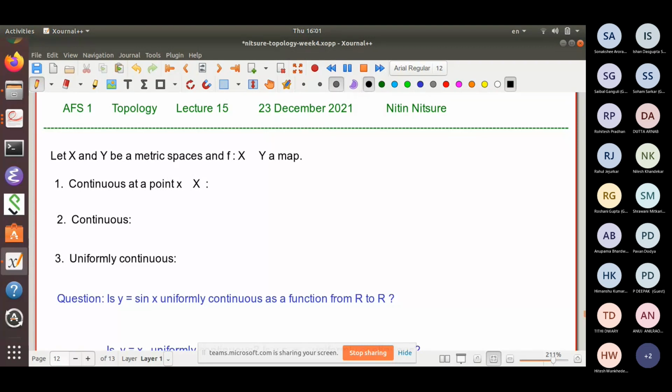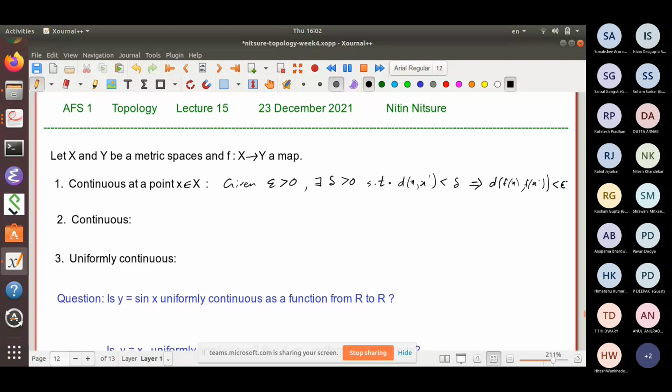So if X and Y are metric spaces and f: X to Y is a map, you know what is meant by continuity at a point x of X. That means given epsilon greater than 0, there exists delta greater than 0, such that d_X(x, x') less than delta implies d_Y(f(x), f(x')) is less than epsilon.